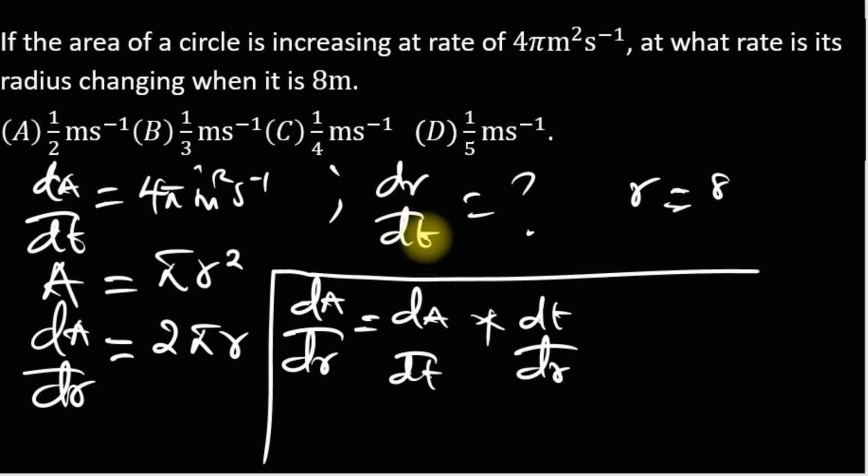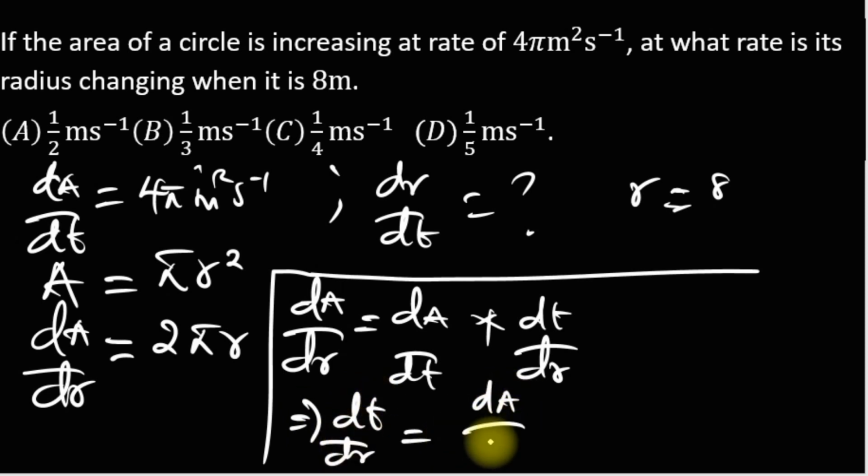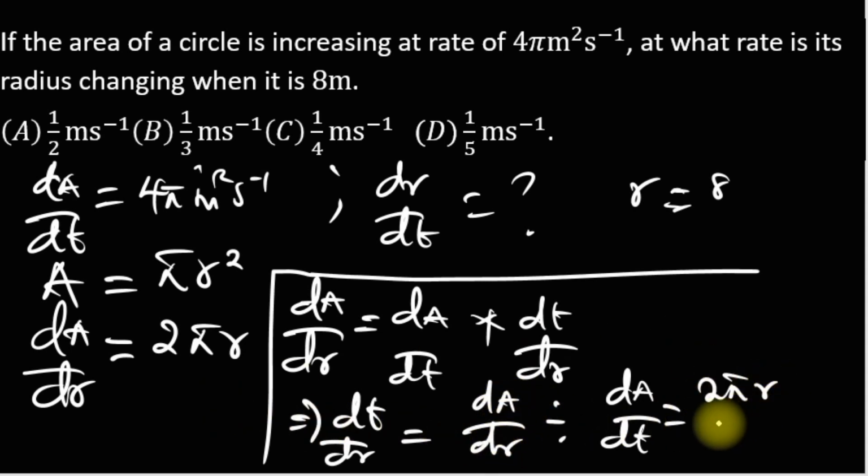We are asked to find dr over dt, which implies that let's find dt over dr first, which implies that dt over dr is dA over dr divided by dA over dt. dA over dr is 2 pi r divided by dA over dt, which is 4 pi.